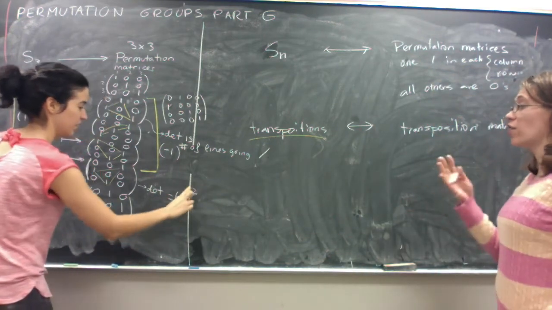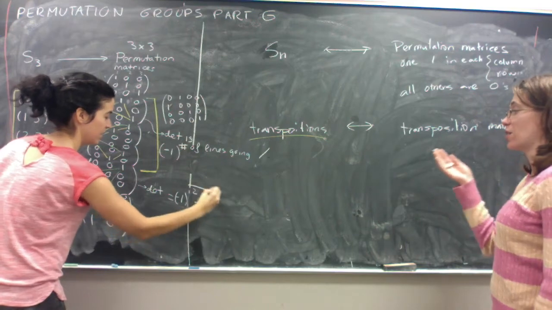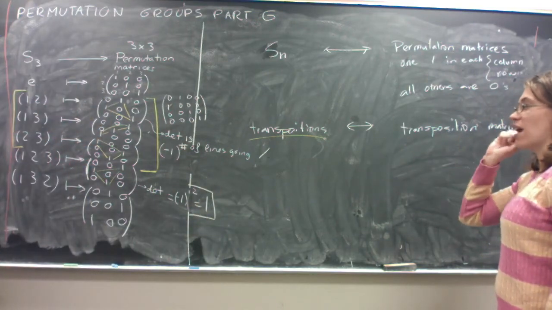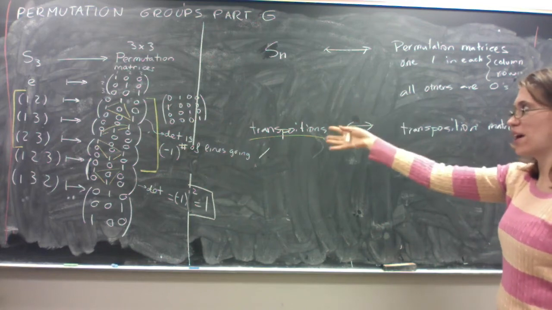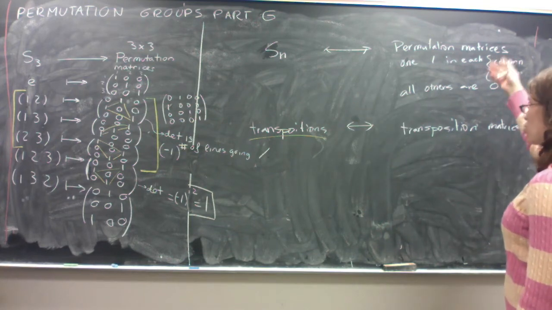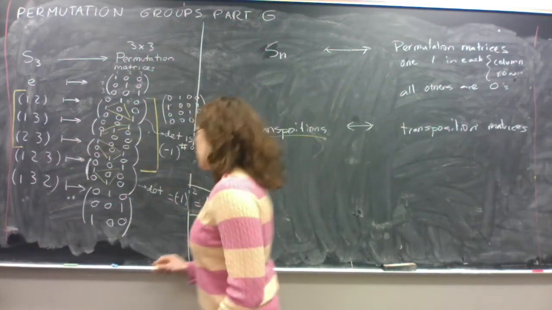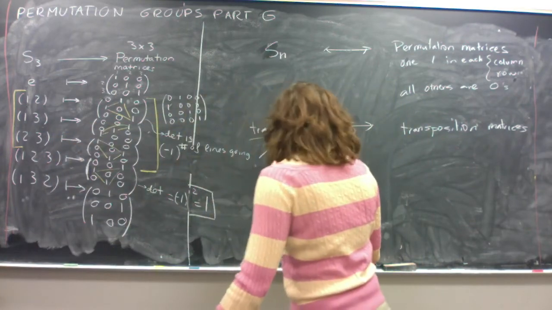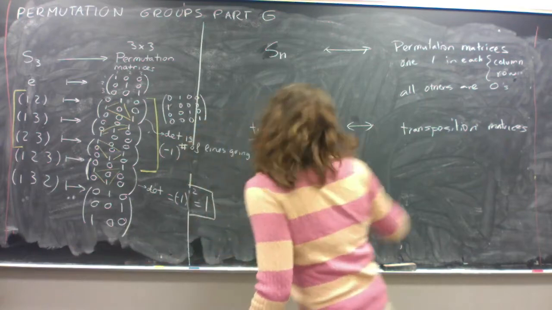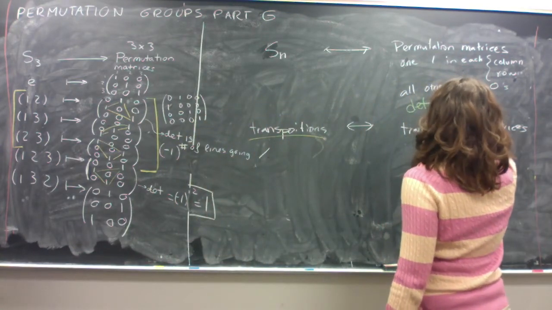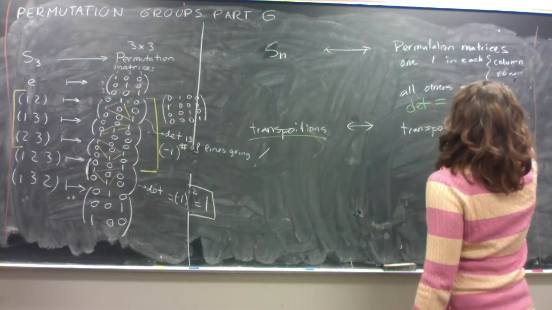But in all cases, we can calculate the determinant by pattern, and there's only one non-zero pattern, and all the entries are 1s or -1s. So the determinant of any permutation matrix is always equal to either 1 or -1.